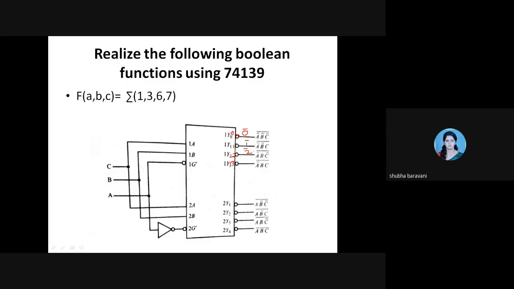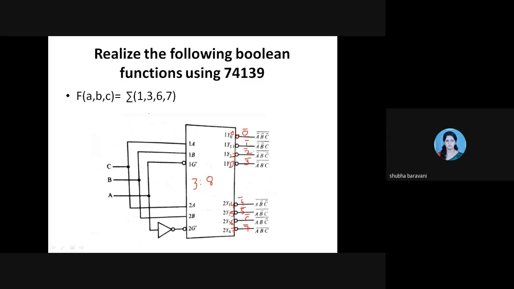Here it is 3, here it is 3 bar. We'll continue the sequence. Here it is 4, so this is 4 bar. 5, 5 bar. 6, 6 bar. 7 and 7 bar. See, this is the standard 3:8 decoder.